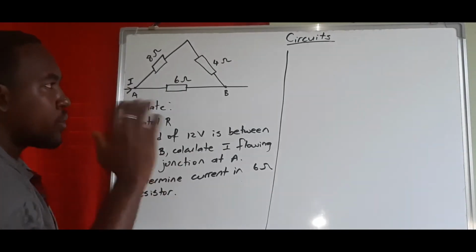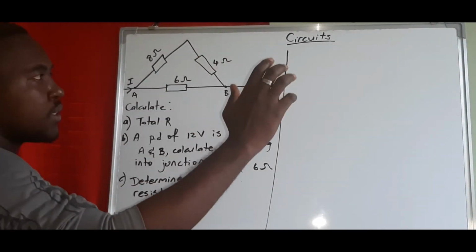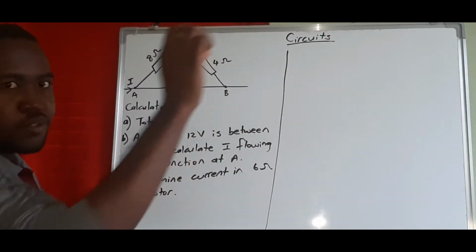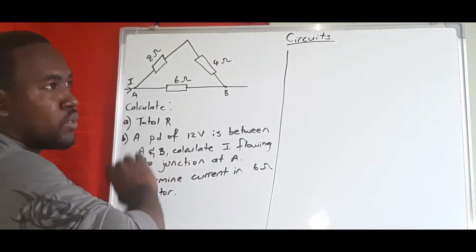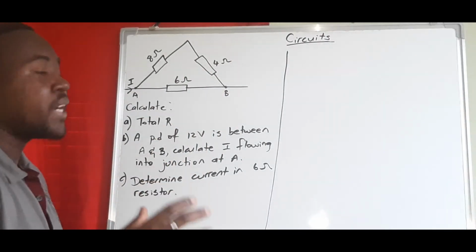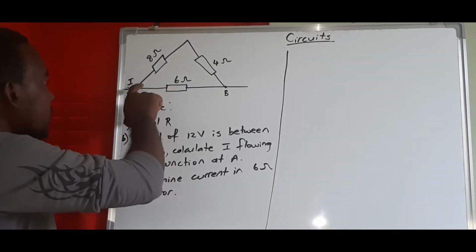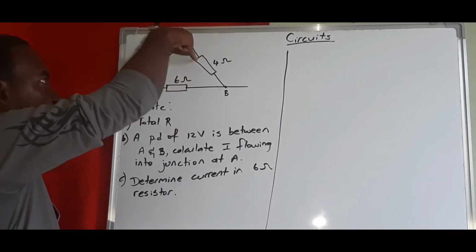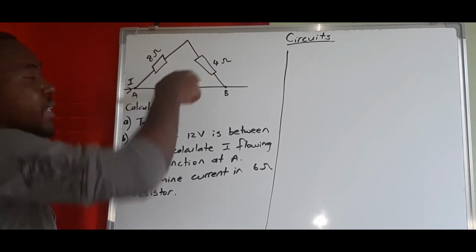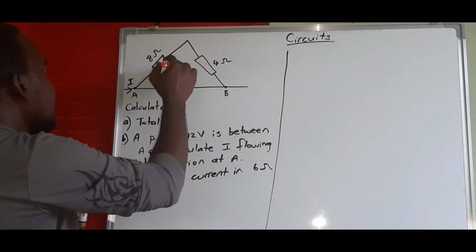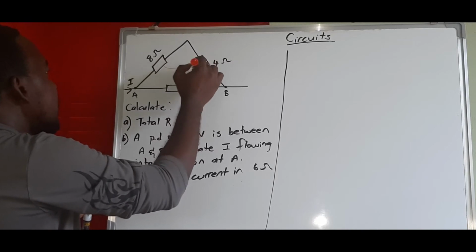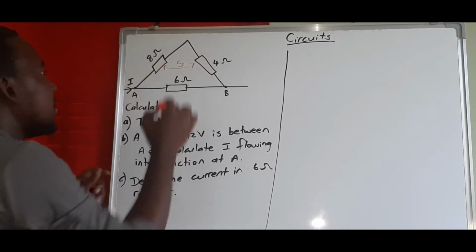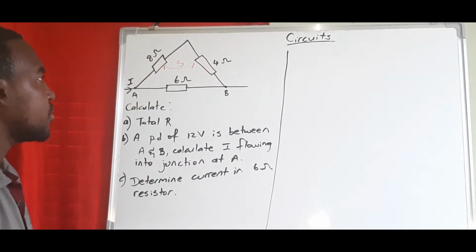So remember from our previous lesson that if the same current is passing through resistor 1 and 2, they are in series, right? So let's check. So the same current passes through 8 will go up and then come down through 4, right? So that means the relationship between 4 and 8 is that they're in series to each other.